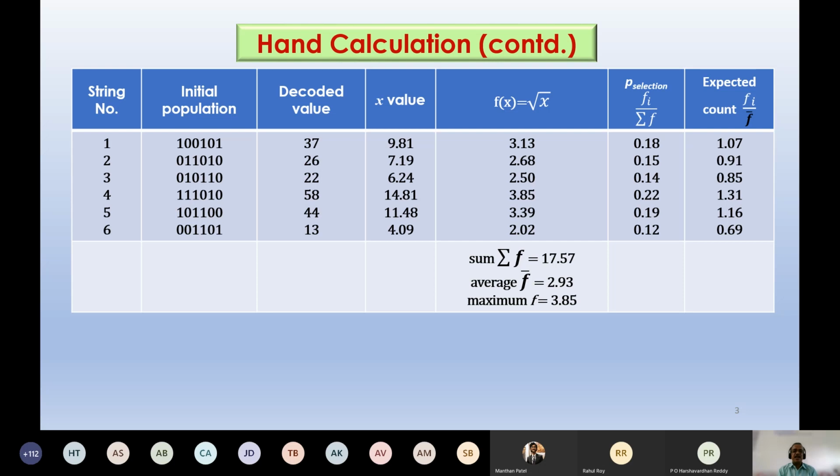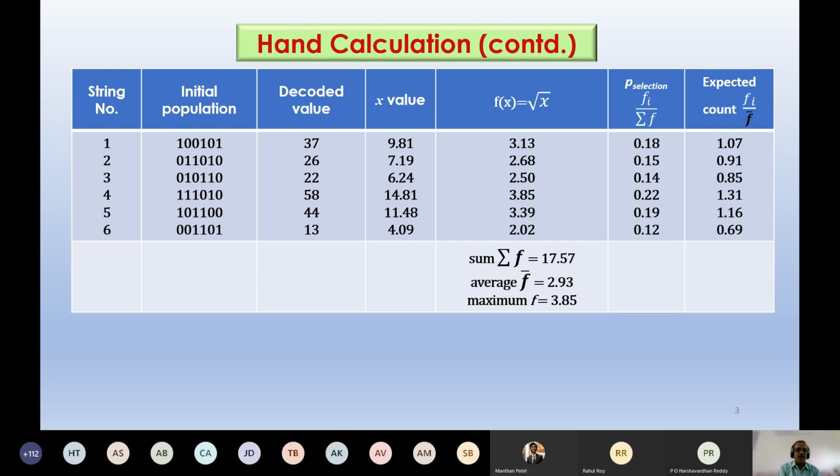How to decide the number of bits? Mathematically, I've already discussed in detail. So I think the problem is clear to all of you. I hope there is no doubt regarding the problem statement. Now what we do is, the genetic algorithm will generate the initial population at random.